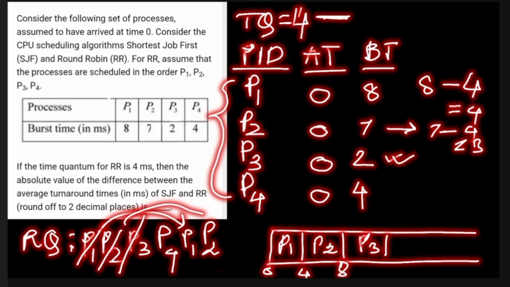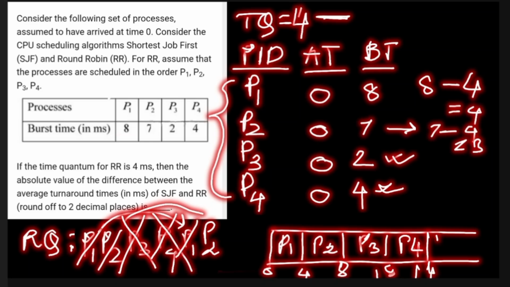So it will execute only for 2, and 8 plus 2 is 10. So P3 is completed, it doesn't need to be executed later. P4's burst time is only 4, so 10 plus 4 is 14, and it doesn't need to be executed again.